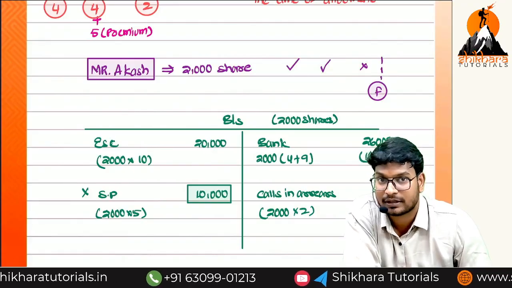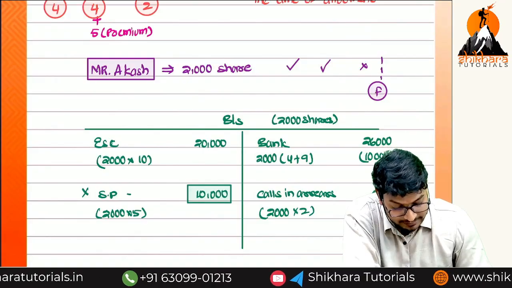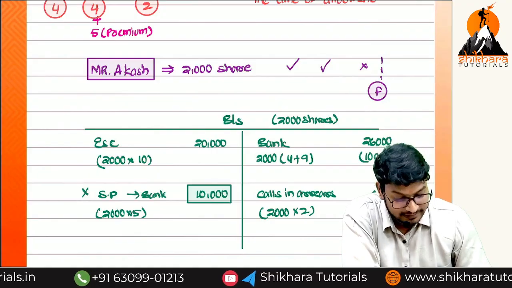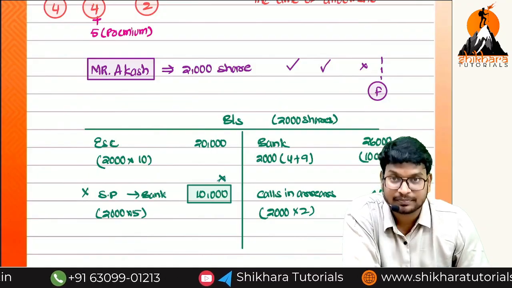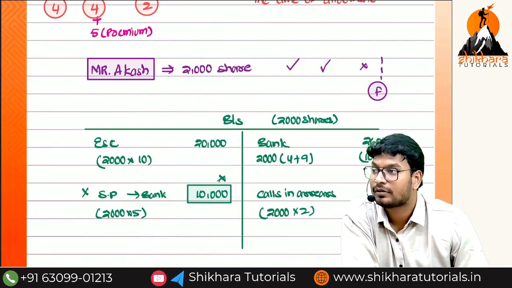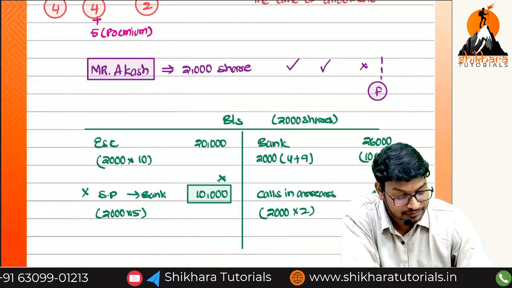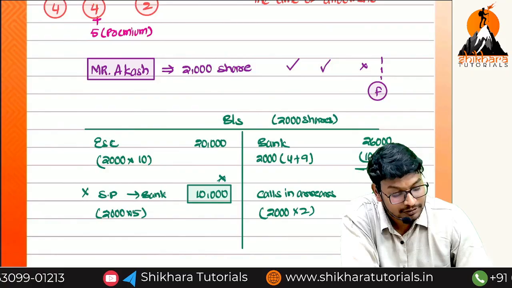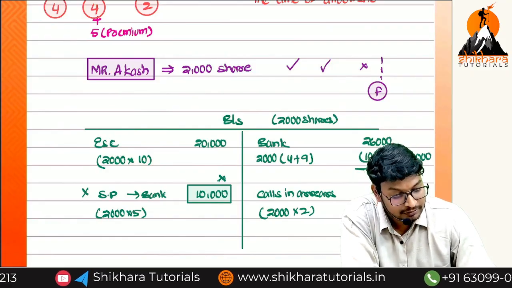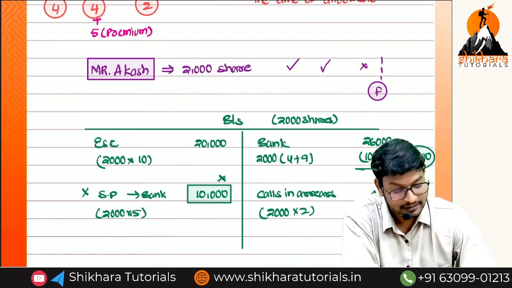Are you getting the point or not? Here the securities premium is nothing but bank balance. So in case we should not reduce the securities premium, from the bank balance also how much amount we should not reduce? 10,000. What is the net amount only we have to reduce from the bank? 16,000 only we have to reduce. This is very important.